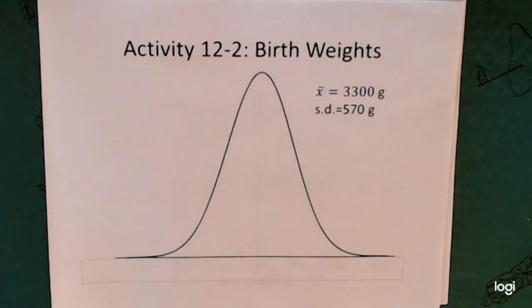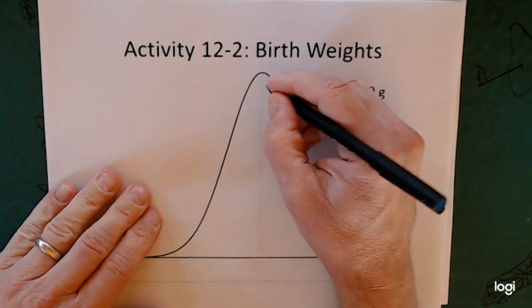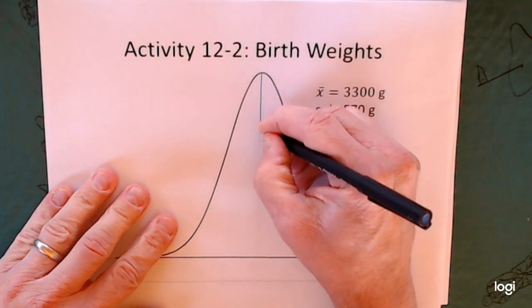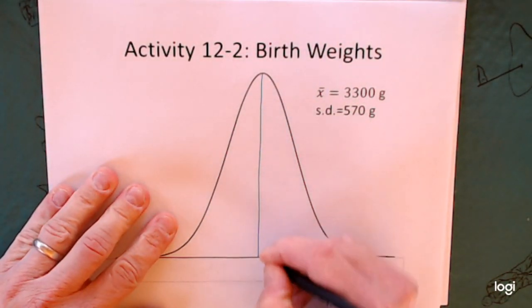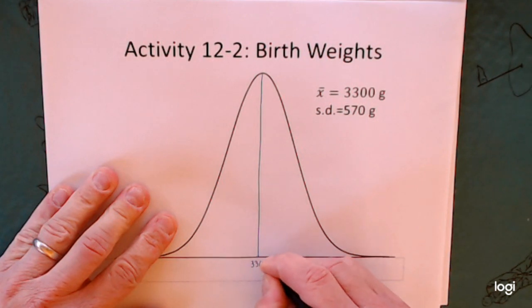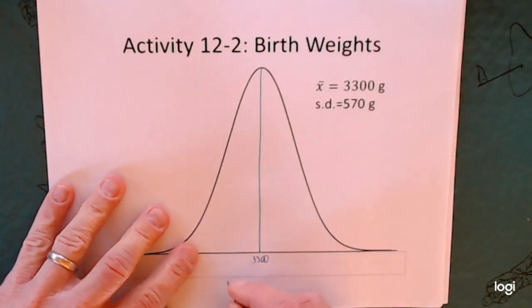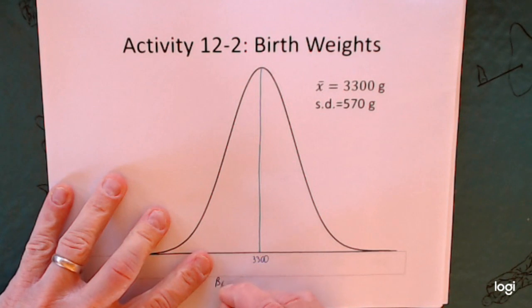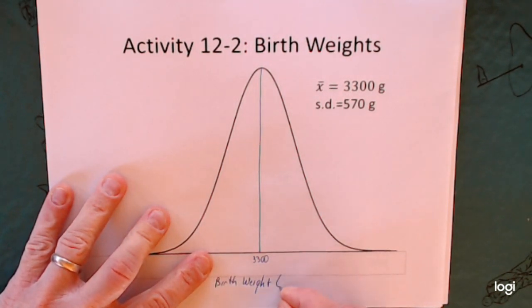Our mean is 3,300 grams, so that's the center of our distribution. I should give myself a good label here. I'll say birth weight in grams.